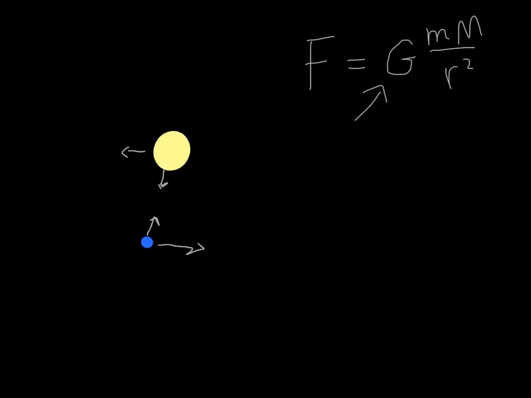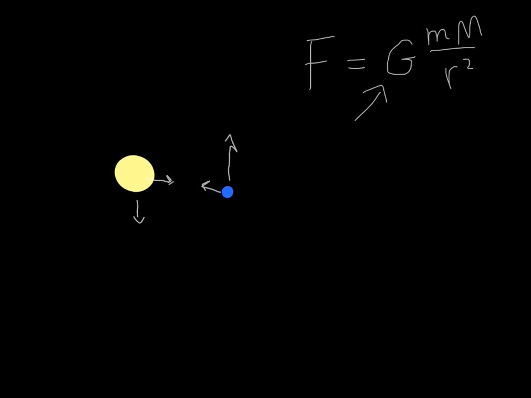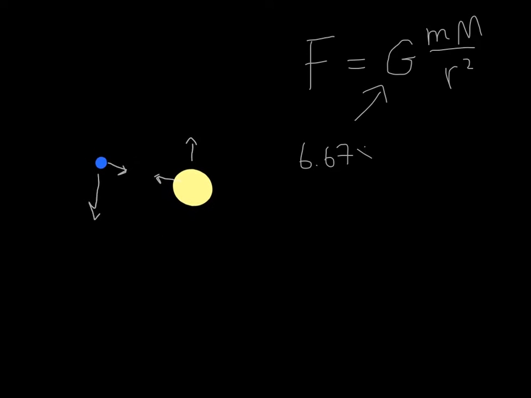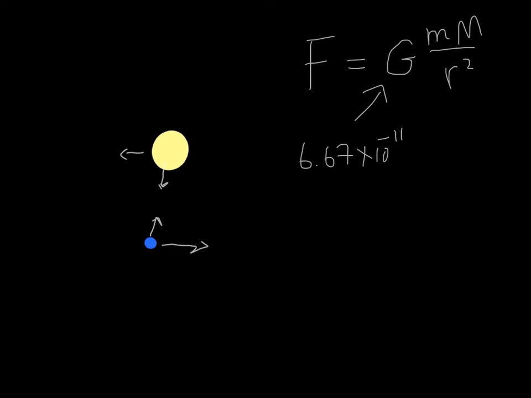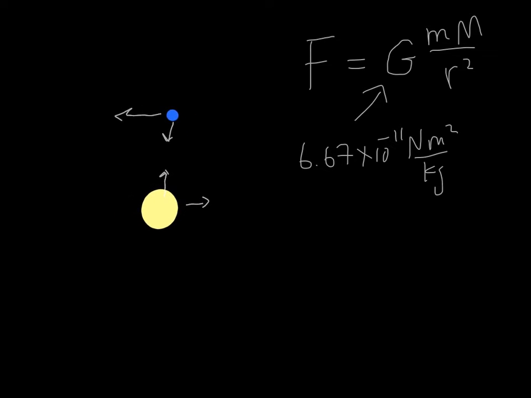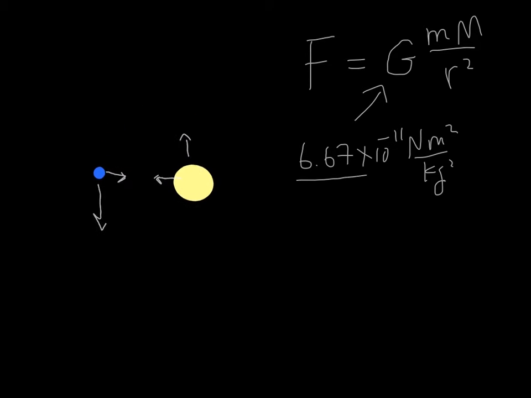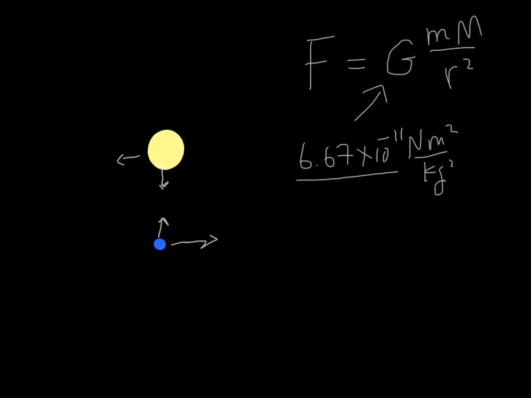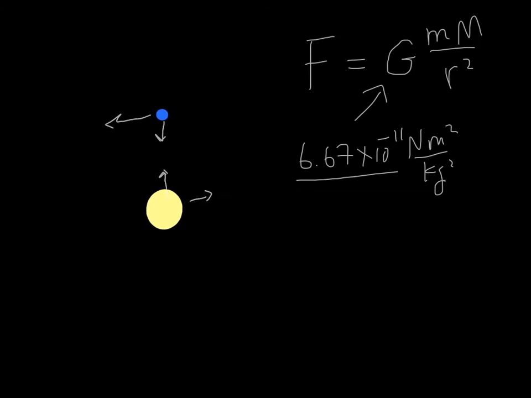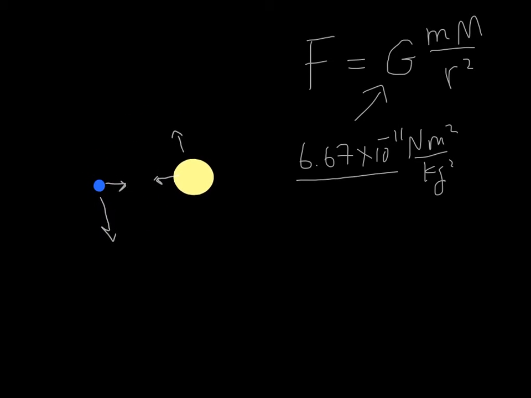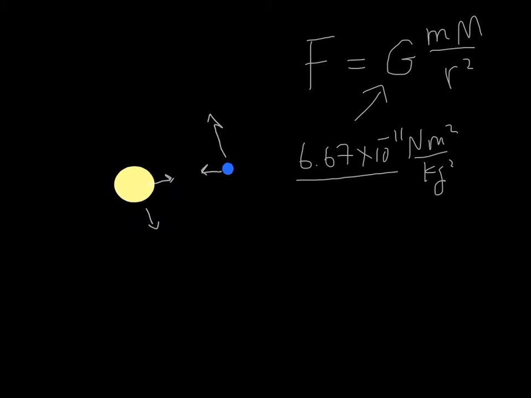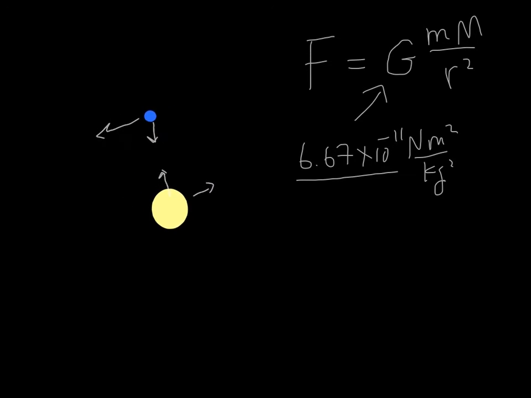Now the constant G in MKS units is 6.67 times 10 to the negative 11 newton meters squared per kilogram squared. And it turns out to be a constant of the universe. And so long as you express the mass of the two objects in kilograms and you express the distance between the two ones in meters, then this whole expression works out to be a force in newtons.